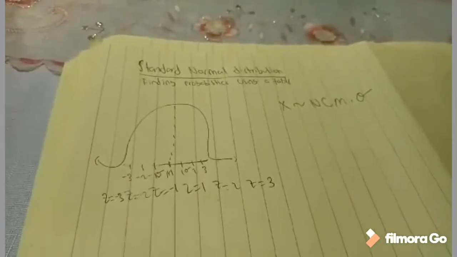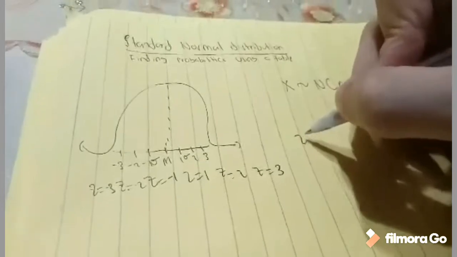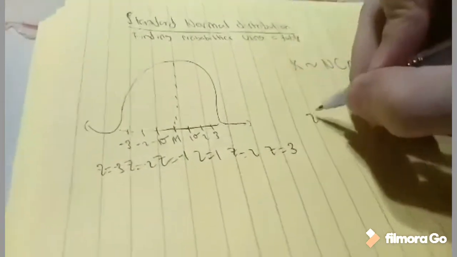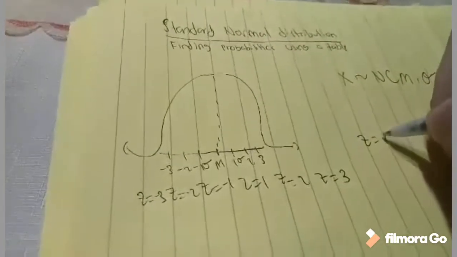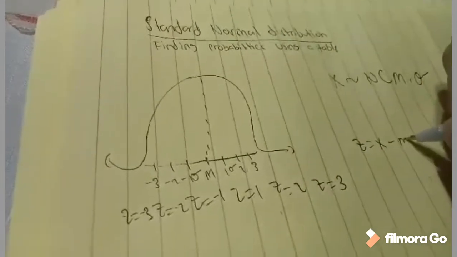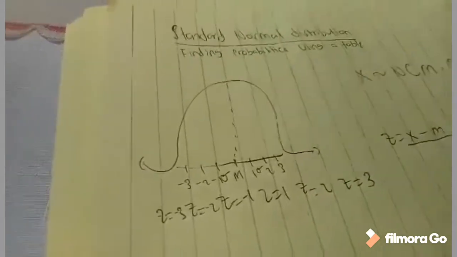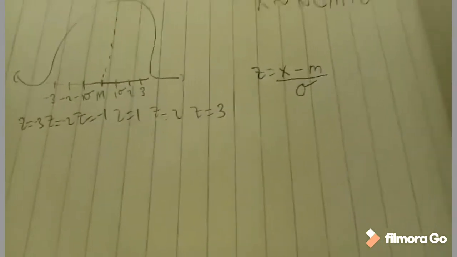Now the formula you need to calculate the z-score is z equals x minus the mean, divided by the standard deviation. That's the formula in this lesson.